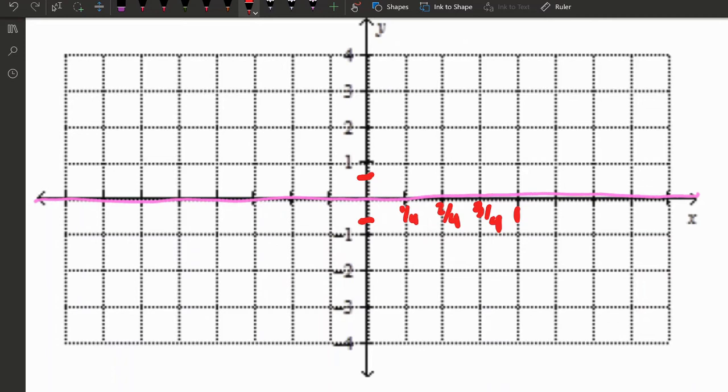So with cosine, I'm going to start at the maximum and then go to my next critical point, the midline. Next critical point is the minimum. Next one is the midline, and the next one is the maximum. Then I can just keep on repeating that pattern so I can get a nice cosine wave.